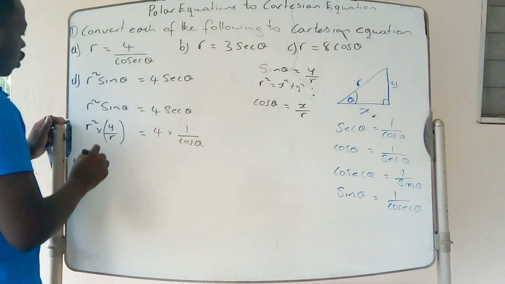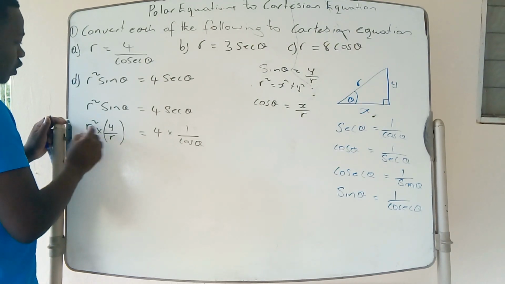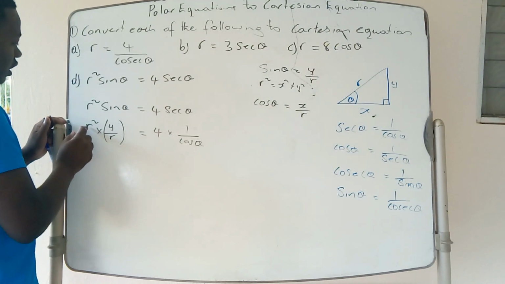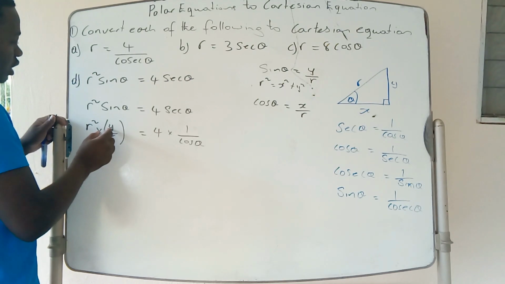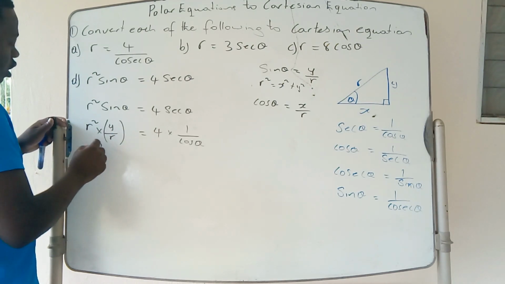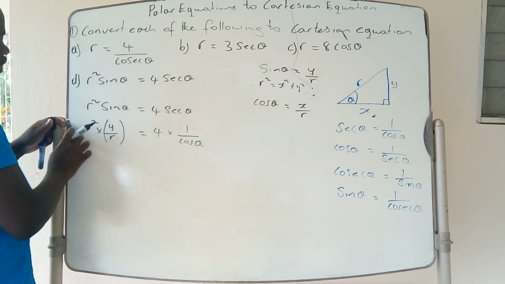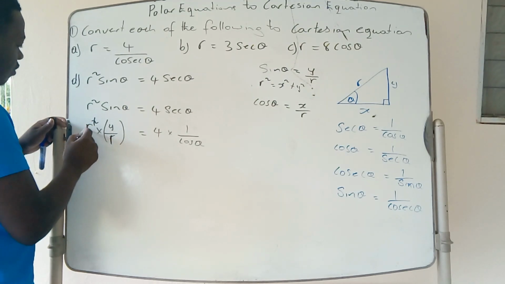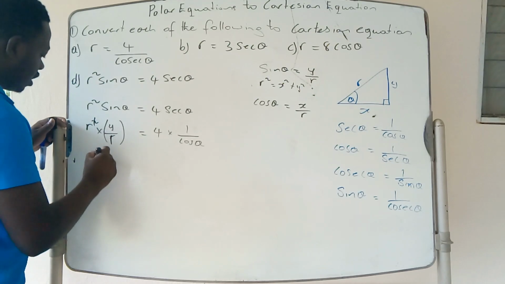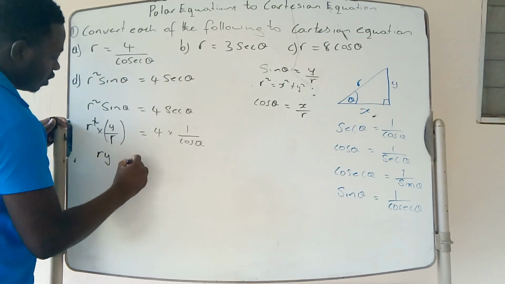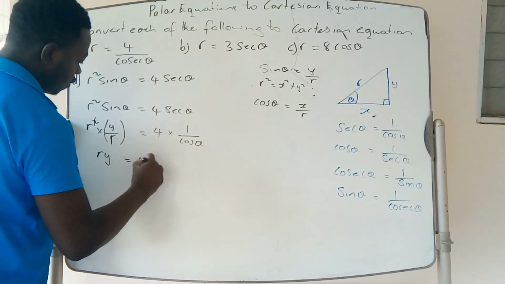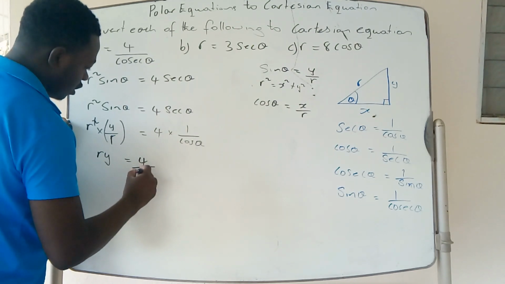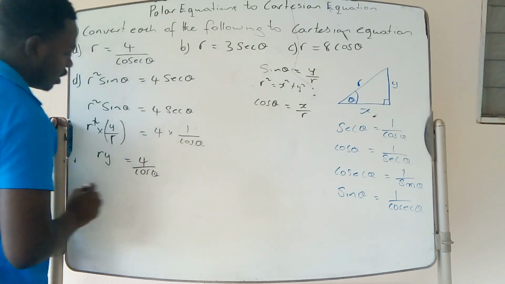Now, if we distribute this r squared, or we don't have to distribute, this r will cancel out one of these r's, so all we're left with is r times y. So that's going to be ry equal to 4 all over cos theta.